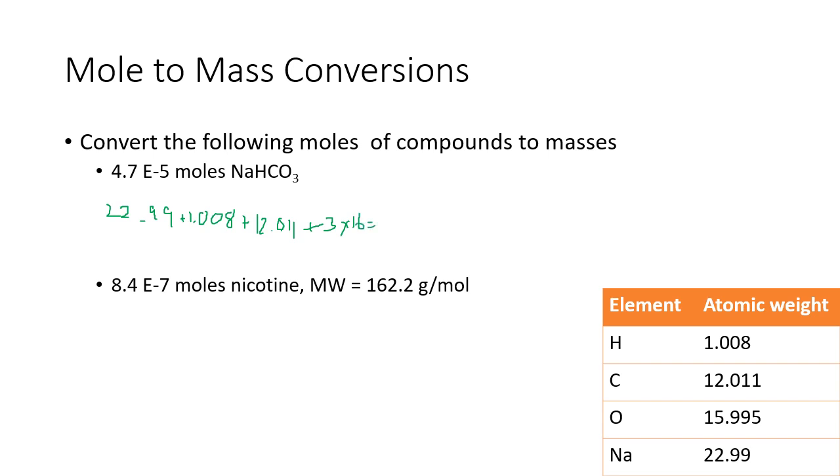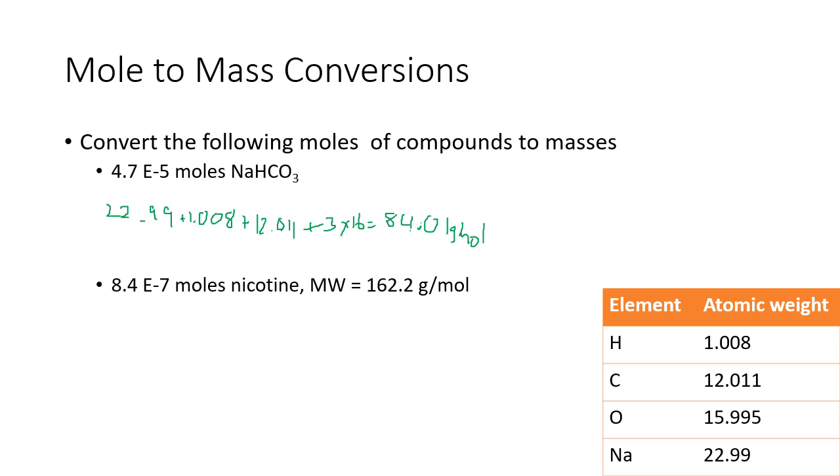Okay, so again, we're just taking each one of the molar masses, or the atomic weights rather, and we're adding them together. This is not a difficult process. We just have to make sure that we're accounting for everything. So we get 84.01 grams per mole.